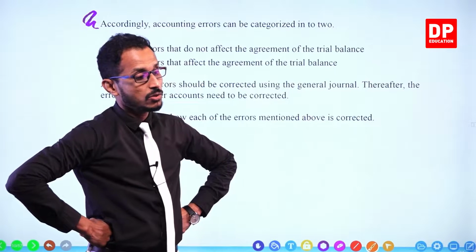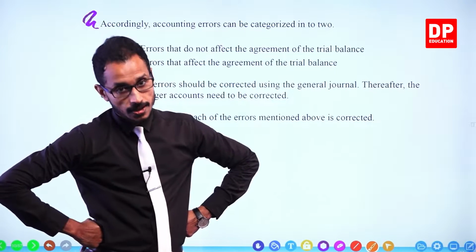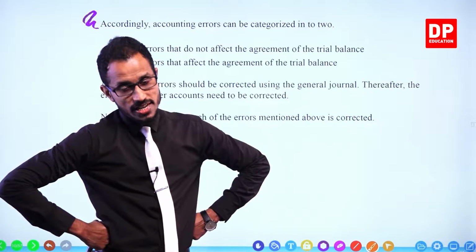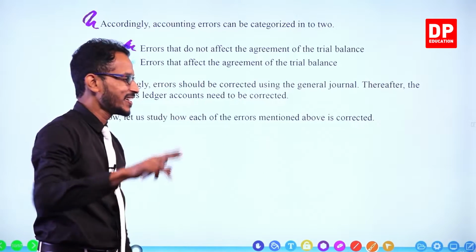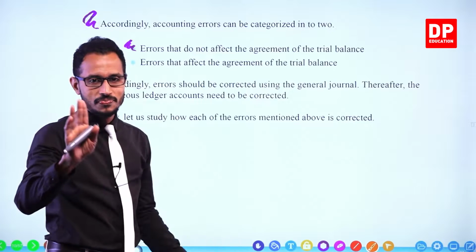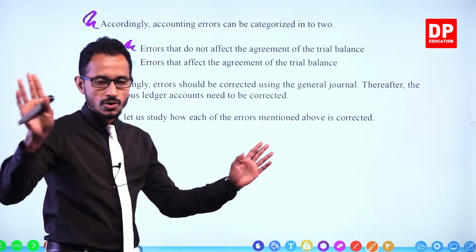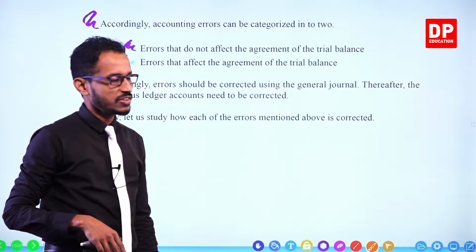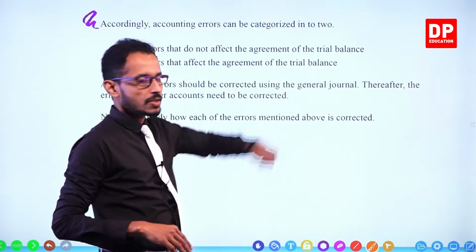Which means all your accounts and all your prime books are 100% correct? Very nice. That's a joke. You can't say that your accounting records and books of accounts are 100% correct, because these errors are there.